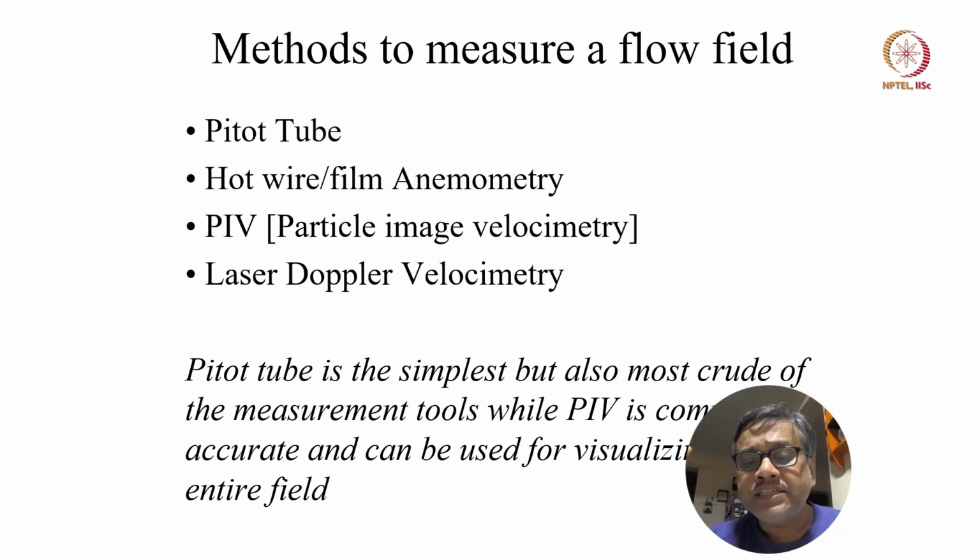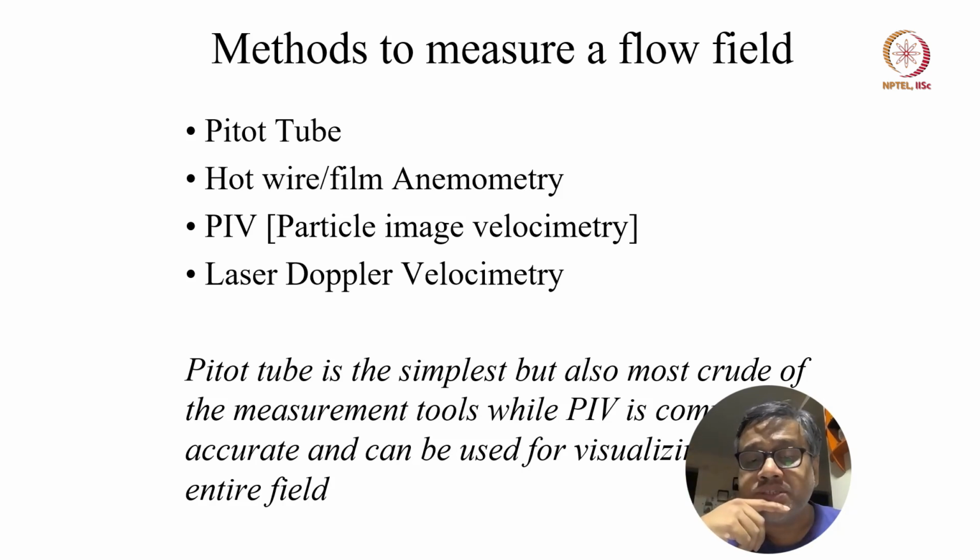Now PIV and LDV, as we already said, are non-intrusive techniques, but LDV is very good if you want to have a very high spatial resolution, for example a few microns, which PIV may not always be able to get you the velocity at. You have to keep this in mind.